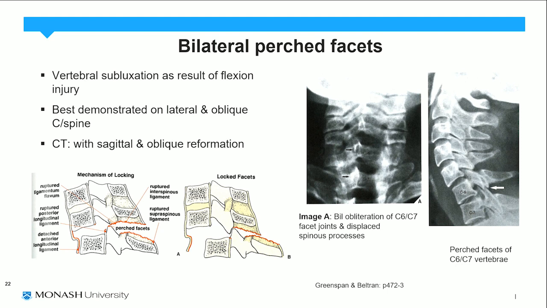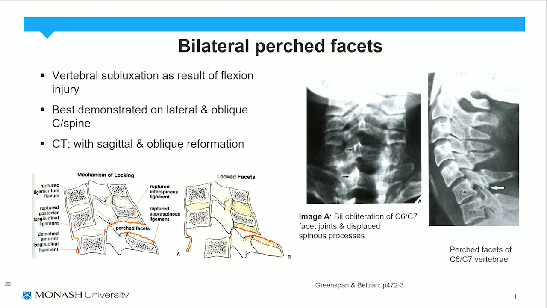Bilateral perched facets are due to vertebral subluxation as a result of a flexion injury. These are best demonstrated either on the lateral of the cervical spine or an oblique of the cervical spine. CT is really important, with sagittal as well as oblique reformation.